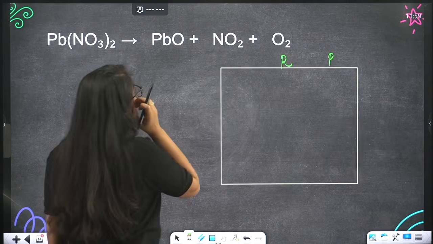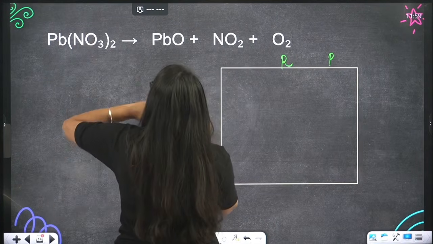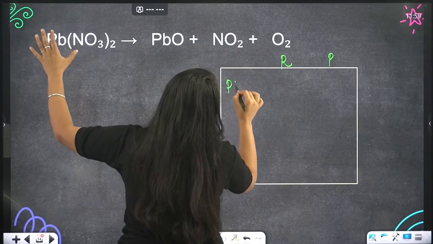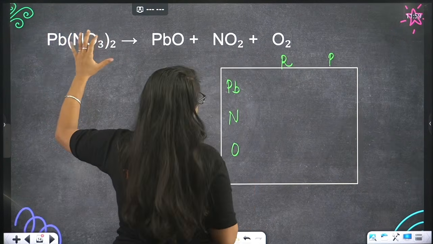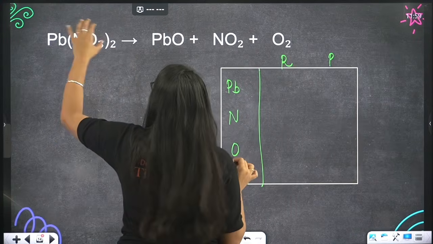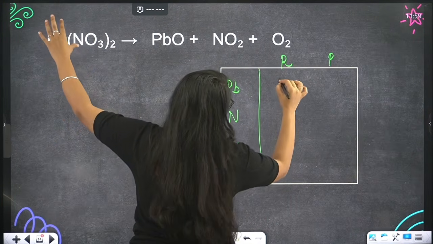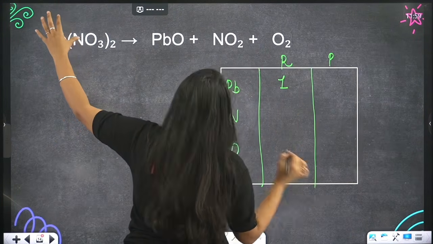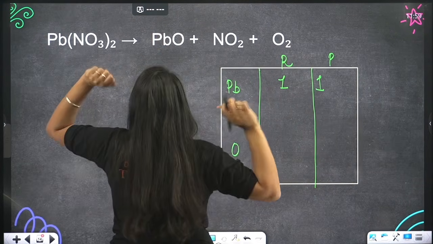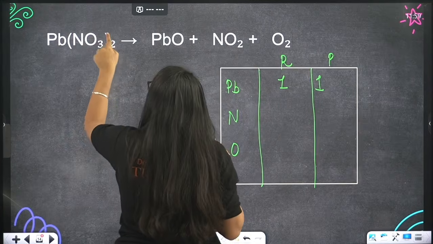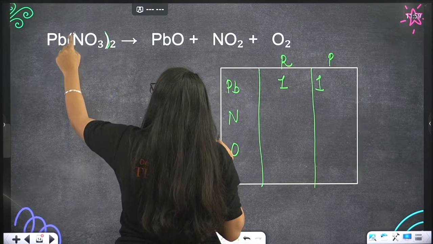Okay, now beta, we have Pb(NO3)2. So of course I will write Pb, then nitrogen, and then oxygen. Done. Now on the reactant side, how many Pbs? Only 1, ma'am. Okay, in the product side, again, one lead is there. Very good. Nitrogen, see this 2 is with whole NO3.